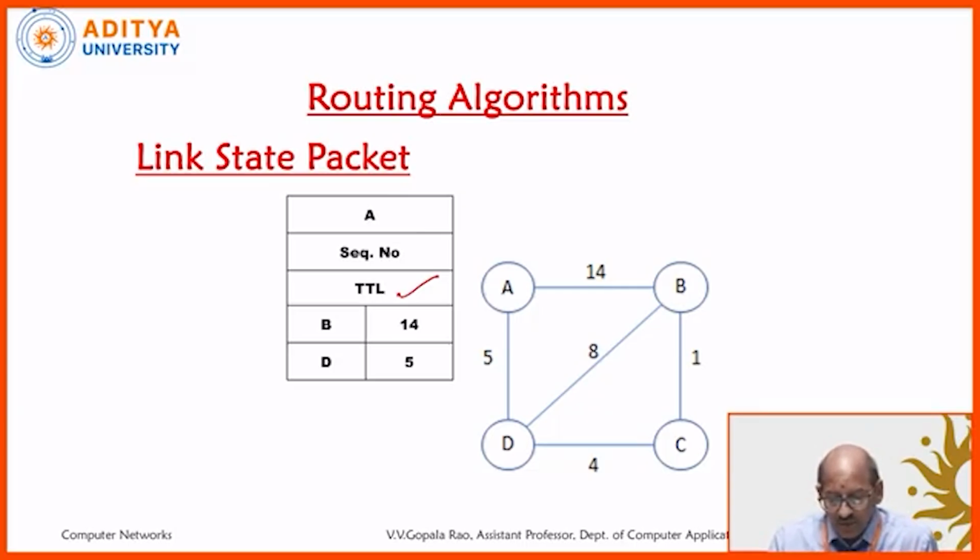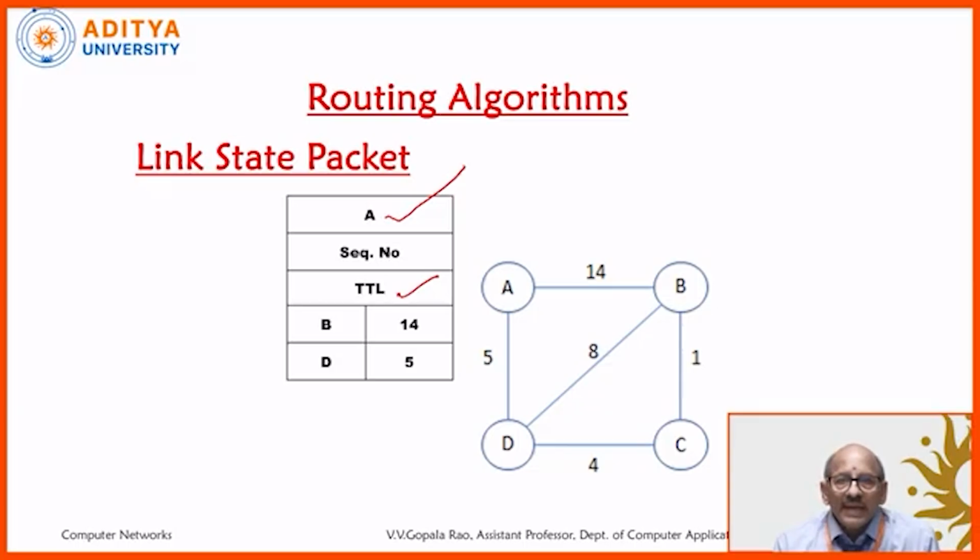In this example, you can see the link state packet for router A. The name of the router is shown on the top, followed by the sequence number. A can release a number of packets in all directions. Suppose A has 10 packets, how can the neighbors understand which is the first packet and which is the 10th?